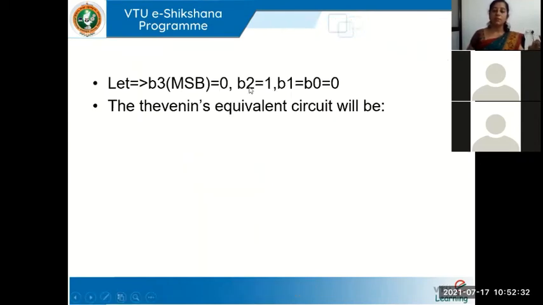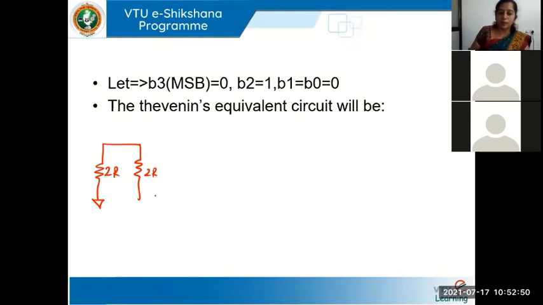Next, if B3 is 0 and B2 is 1, B1, B0 is 0, what would the equivalent circuit be? The equivalent circuit would be something like this. I would have 2R connected to ground, another 2R here. This corresponds to B0. B0 is grounded, as you can see. Then I have an R. Then I have another 2R.